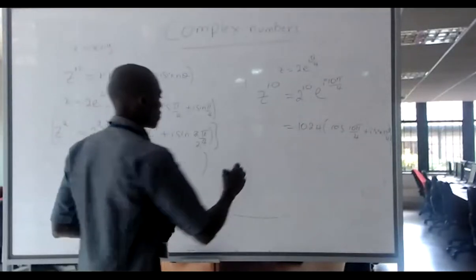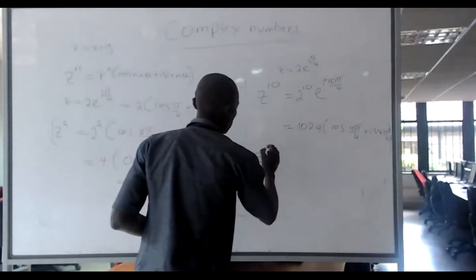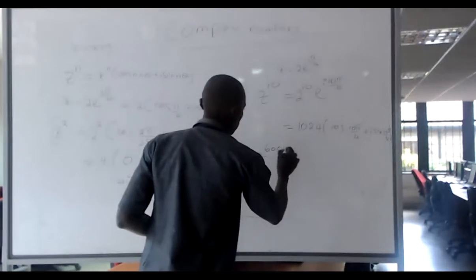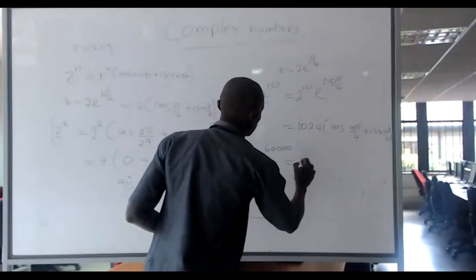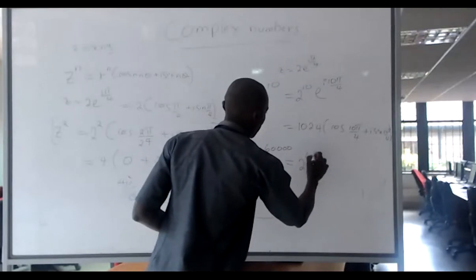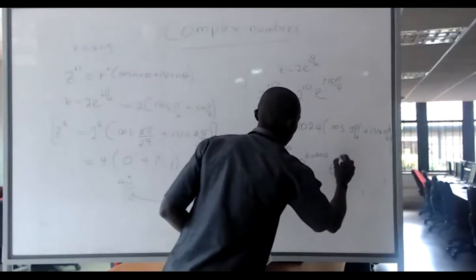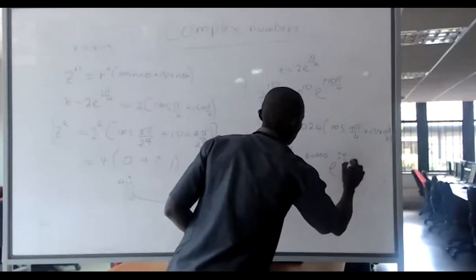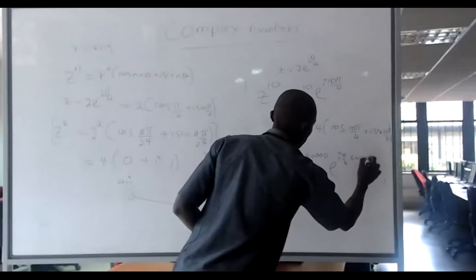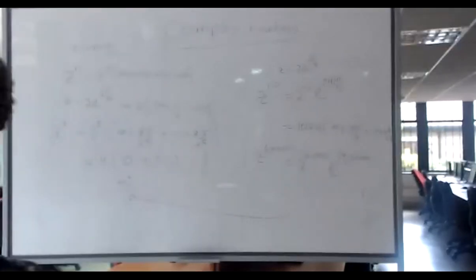If I ask you to find z power, maybe 60,000, raise to 60,000, exponent of i pi over 4, multiply this by 60,000.